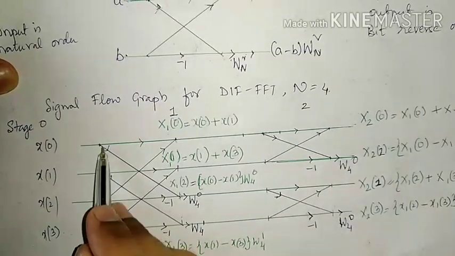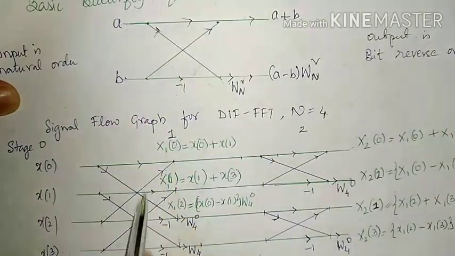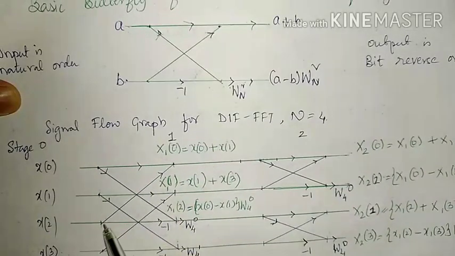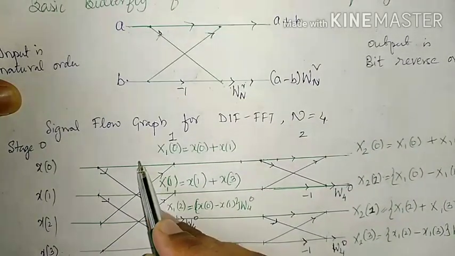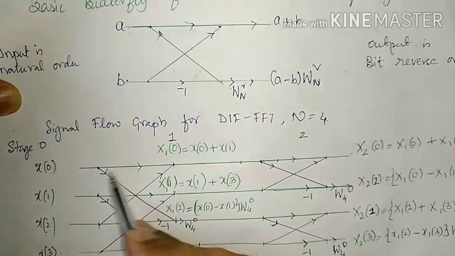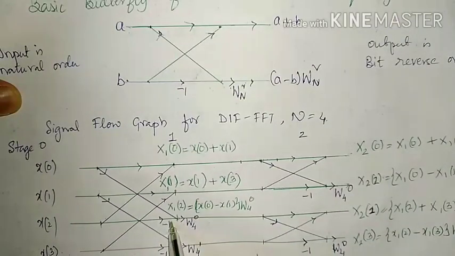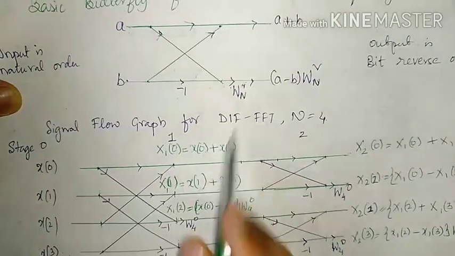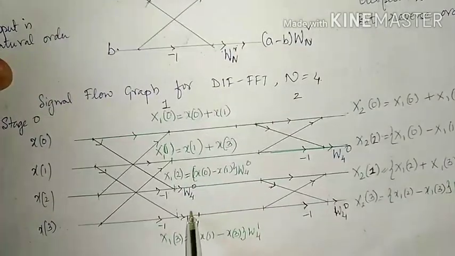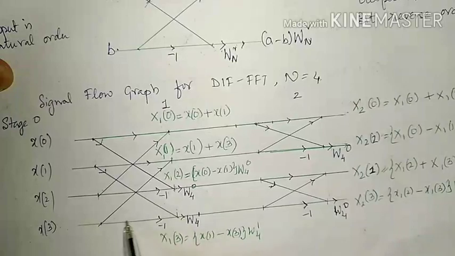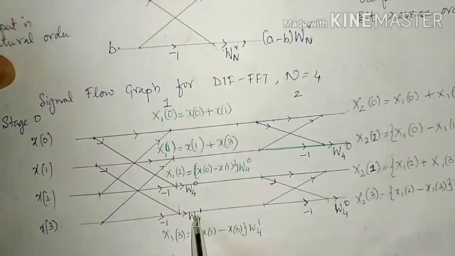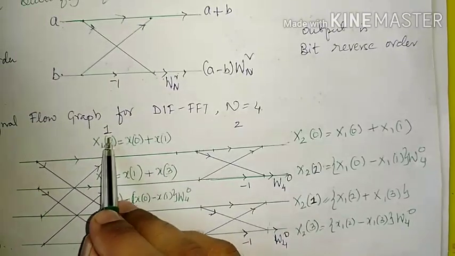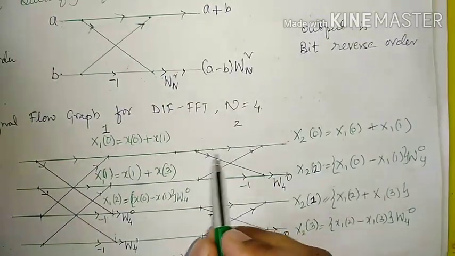So look at the butterfly and look at this part. You're giving these two arrows and writing 1 minus 1, and after this you're writing the WNR value, that is W40. Similarly, you're taking this x minus 1 and writing W41. This is very simple. Whatever output you get will be the inputs for this stage.